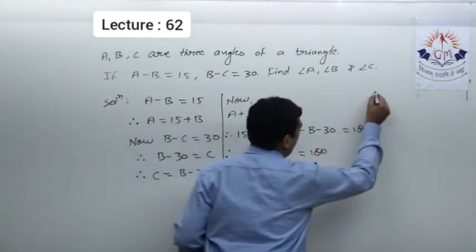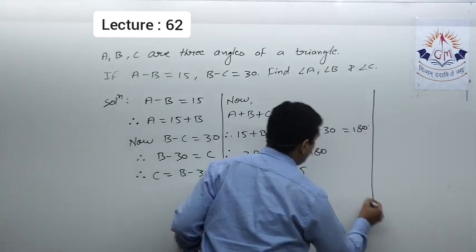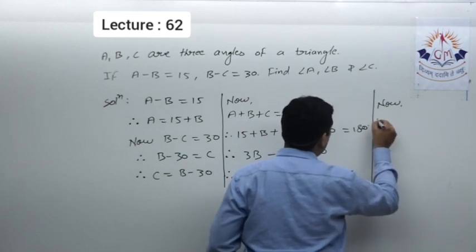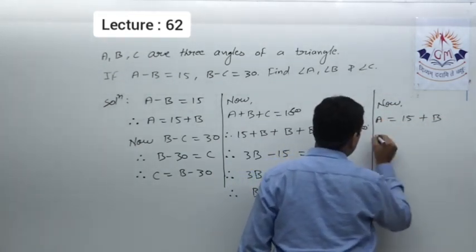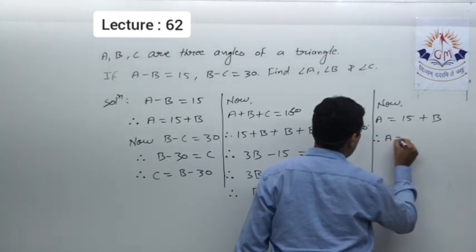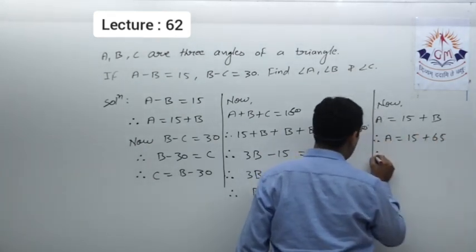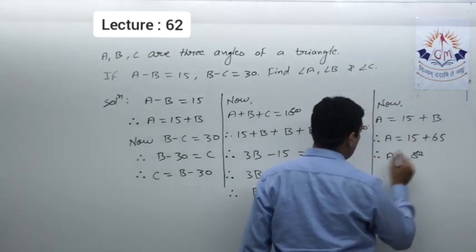Now if I put the value of B in equation 1, A is equal to 15 plus B, therefore A is equal to 15 plus 65, therefore A is equal to 80.